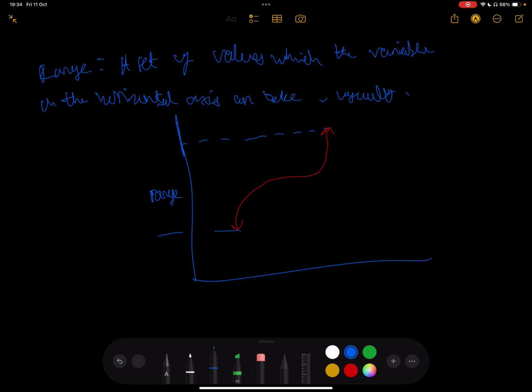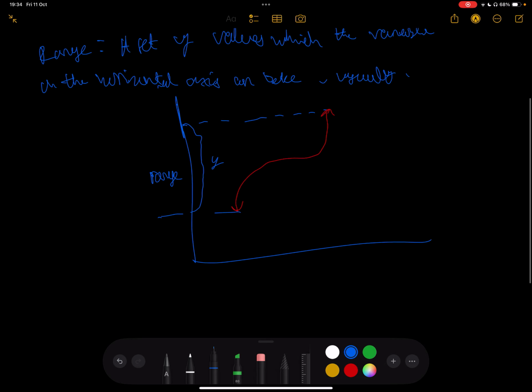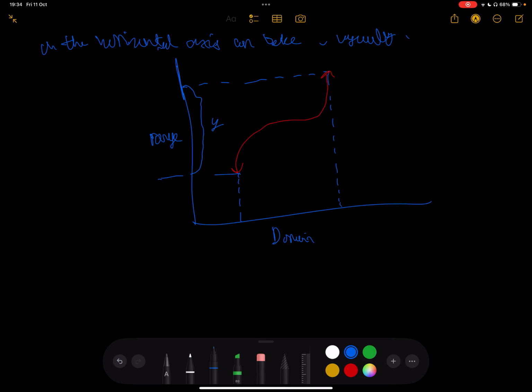So y can take a value inside of this set of values. And what would be the domain in this case? Well, the domain would be from the lowest x value here to the highest x value. This is the domain. This is what we would say is a set of values that x can take. Alright.